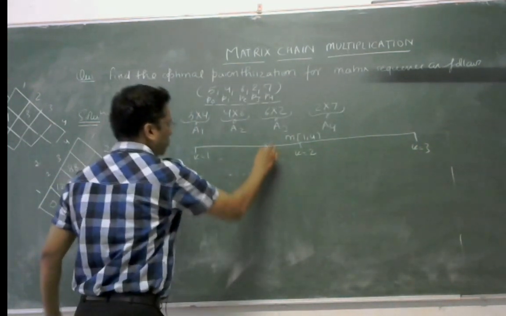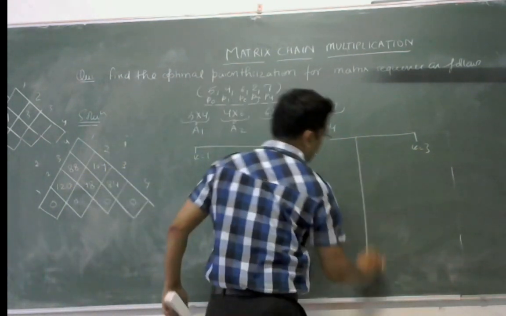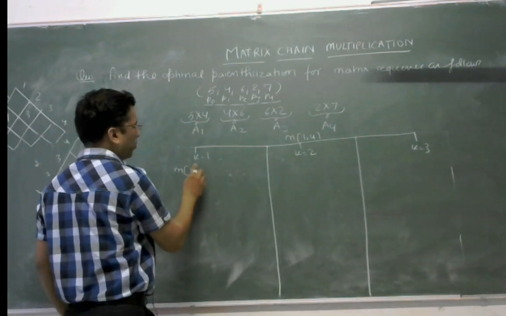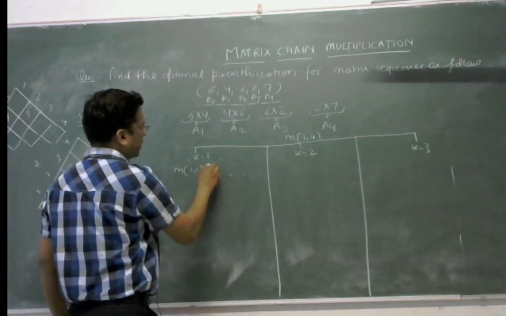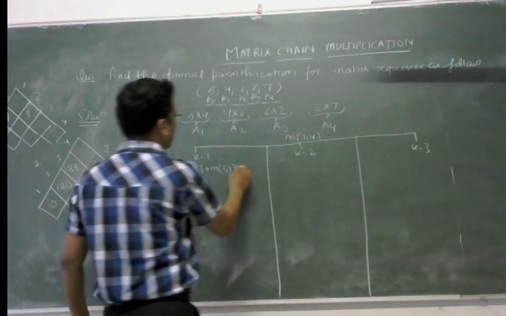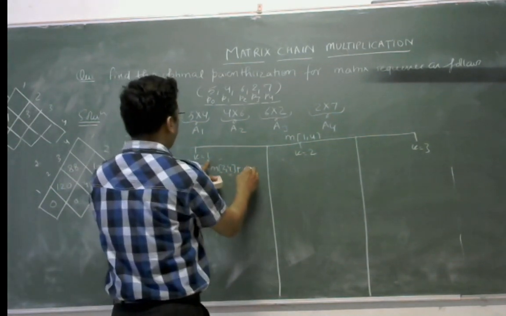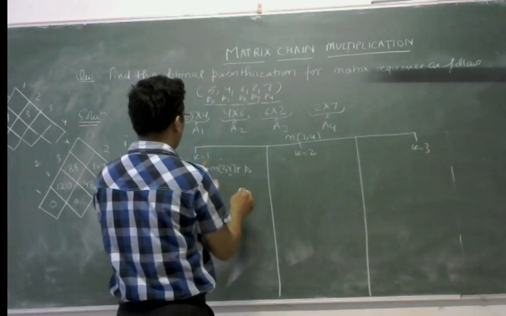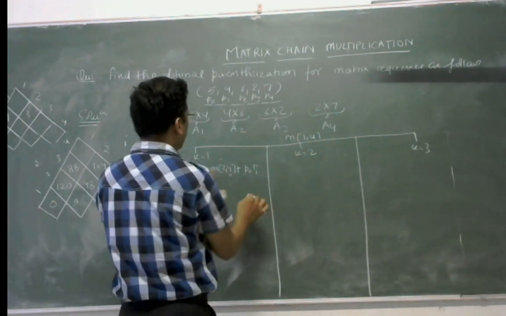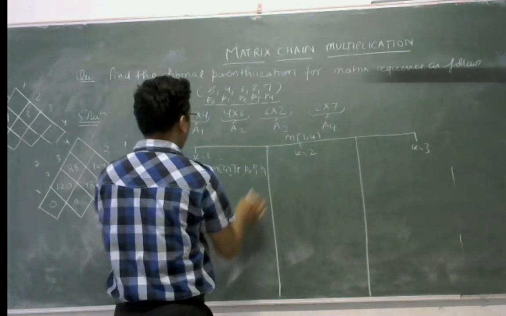For k equals 1, this equals M11 plus M24 plus P0 into P1 and P4.